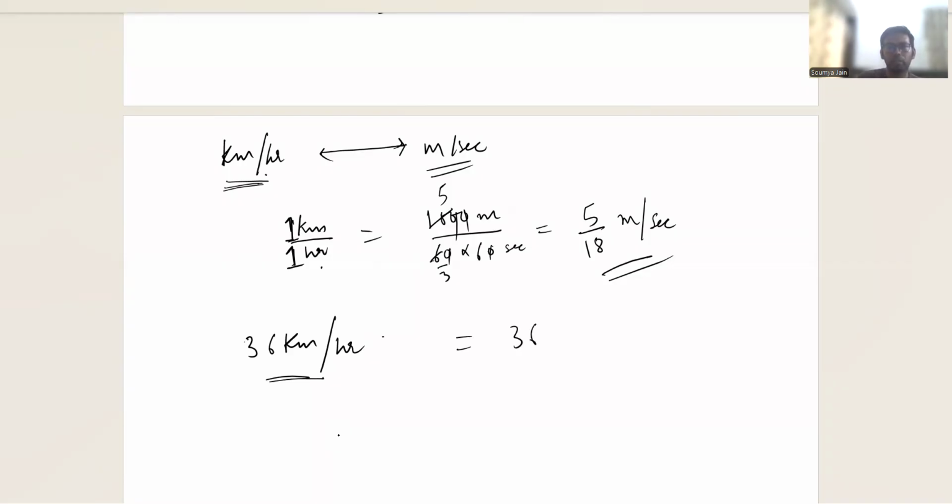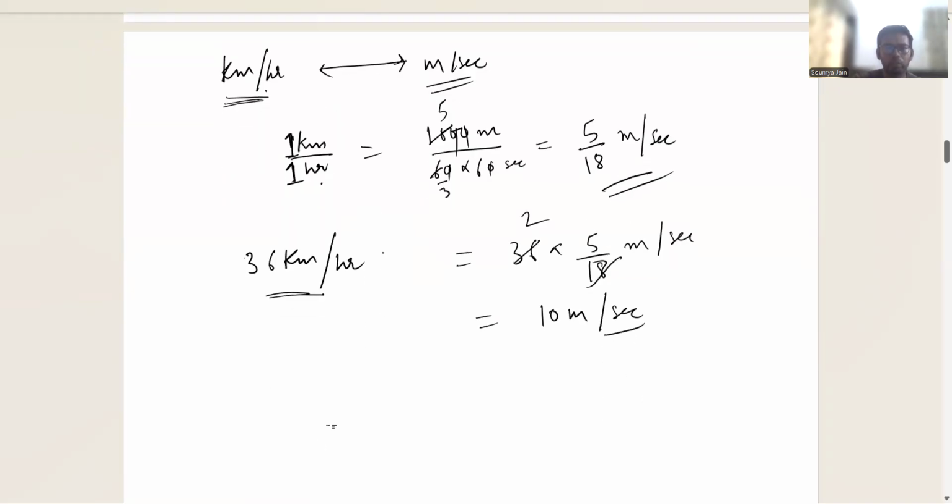What you do is 36 into 5 by 18 meter per second. So reduce it. It is 10 meter per second. So you can use this directly. Or if someone thinks, I don't want to use the formula, and I just want to convert it, that actually works too. So that's also fine. What is this? 36 kilometers means 36,000 meters upon how many seconds? 60 into 60, 3600 seconds.